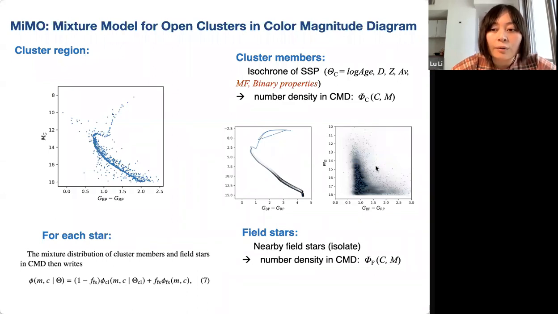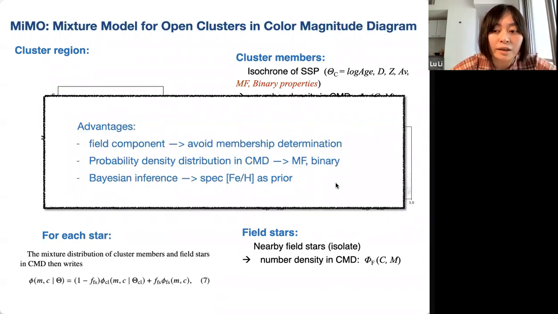And now we can construct a parametric model containing the isochron's properties, mass function, and the binary properties, and fit all these parameters along with the field star fraction simultaneously. This method has three advantages.